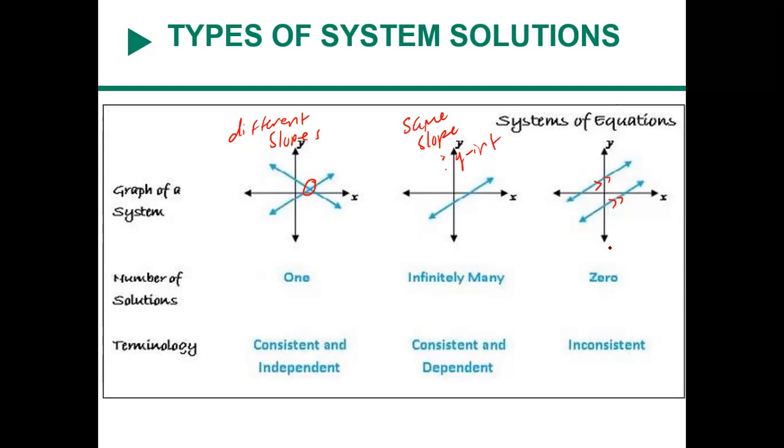If you have the same slope but different y-intercept, then you're going to have inconsistent, parallel, no solution. So you can tell without even graphing or actually solving what type of solution you're going after.